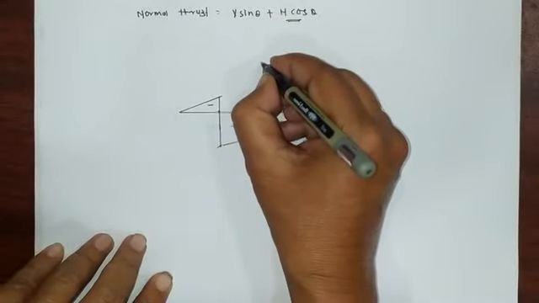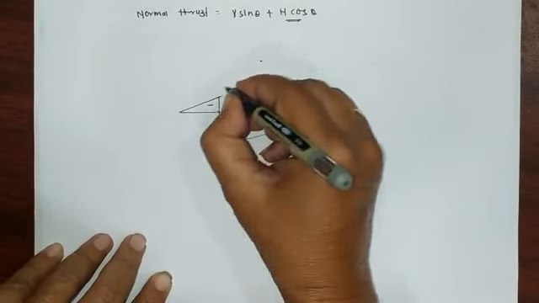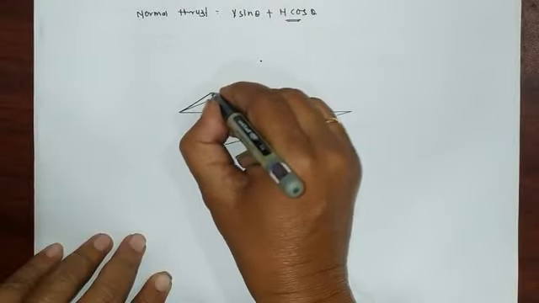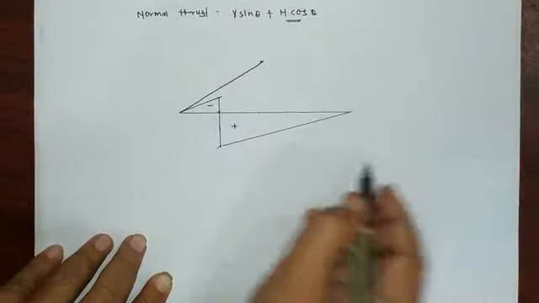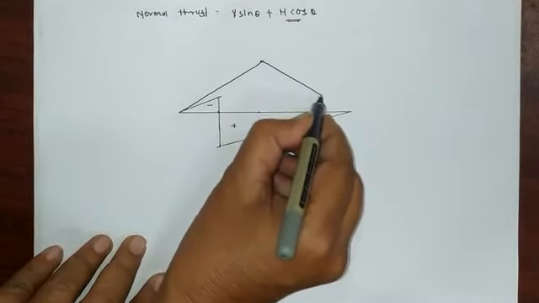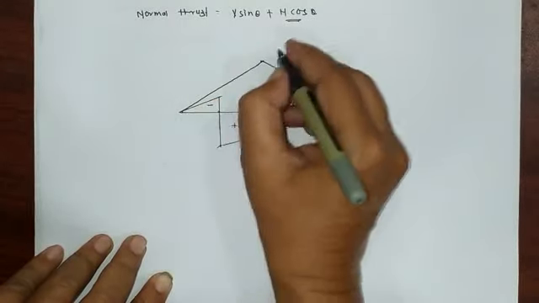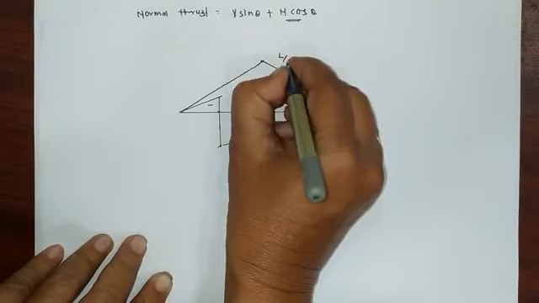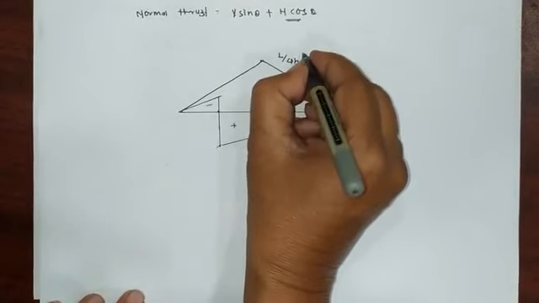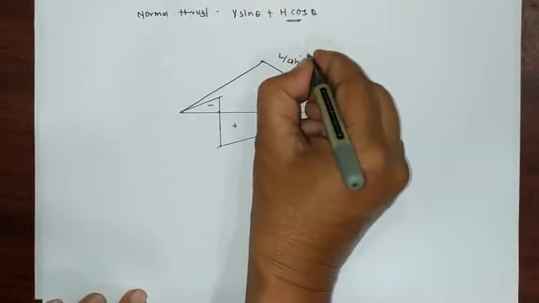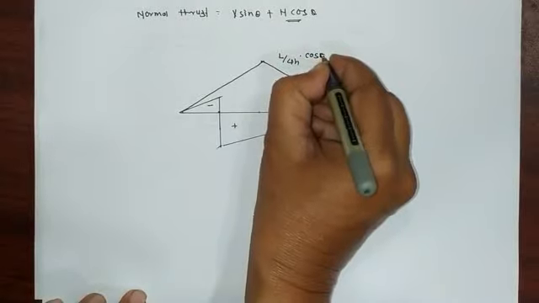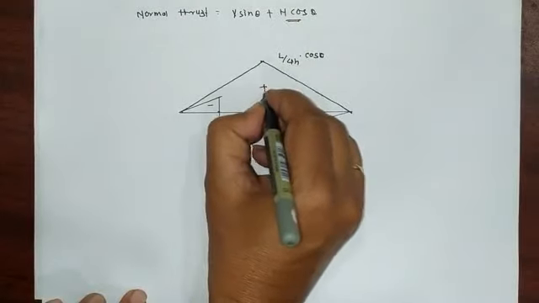So we know here this is L by 4H into cos theta, and this value is a plus.